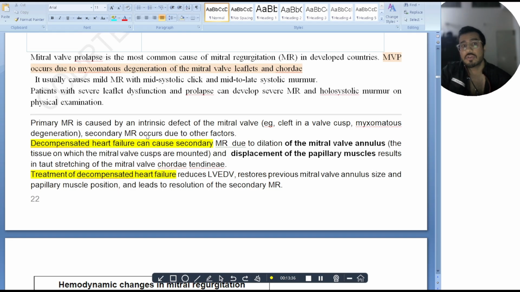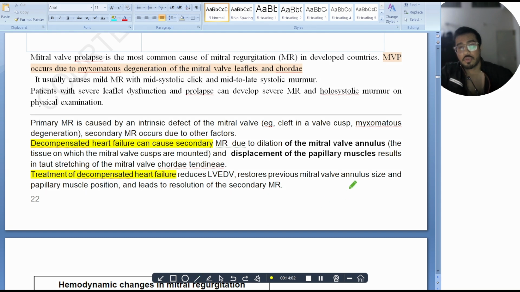A secondary cause of mitral regurg, as I told you, is acute decompensation of heart failure, which results in mitral valve annulus dilation, and displacement of the papillary muscle results in taut stretching of the mitral valve chordae tendineae, the tissue on which the mitral valve is held. So this results in acute mitral regurg as a result of dilation.